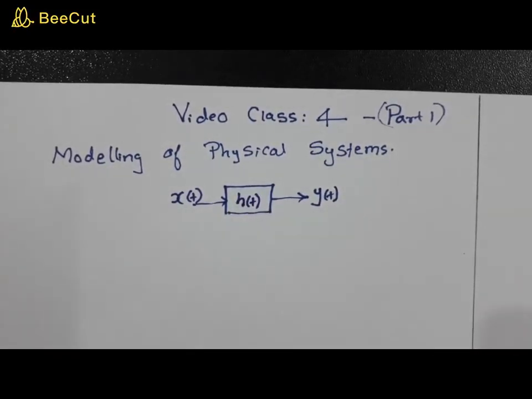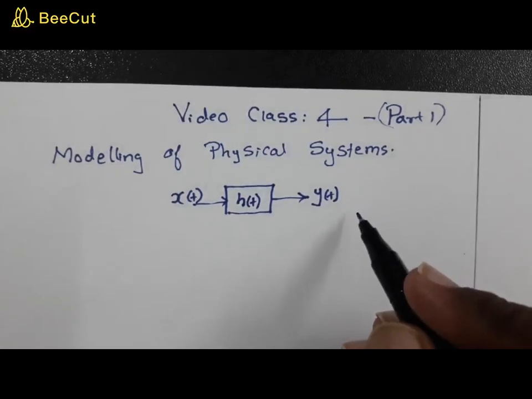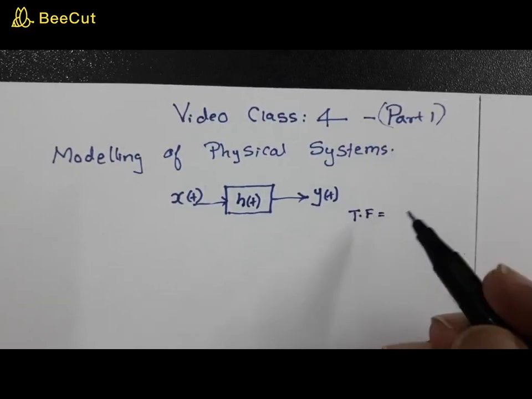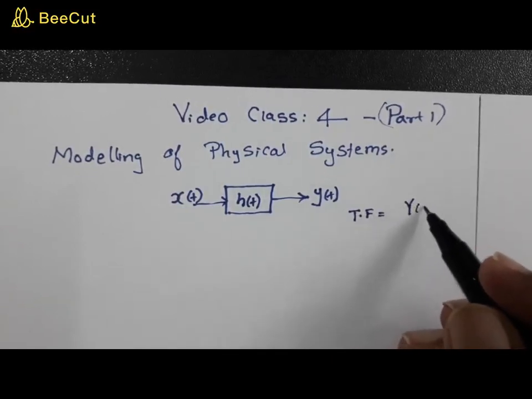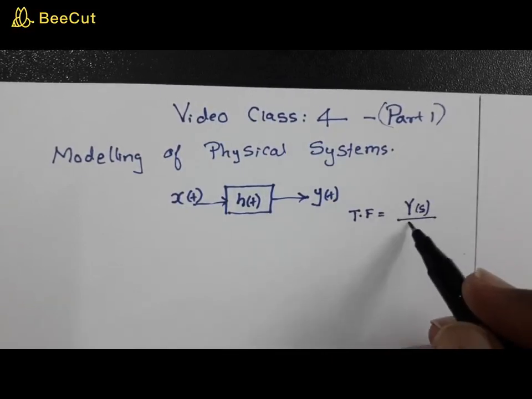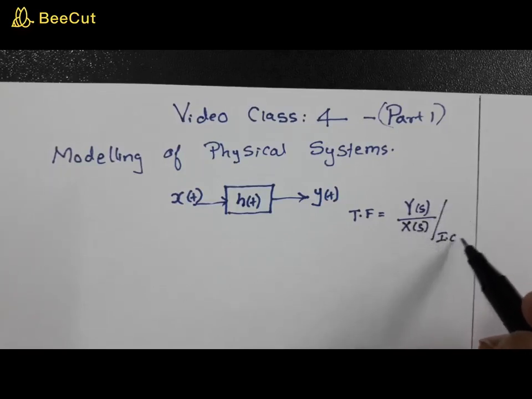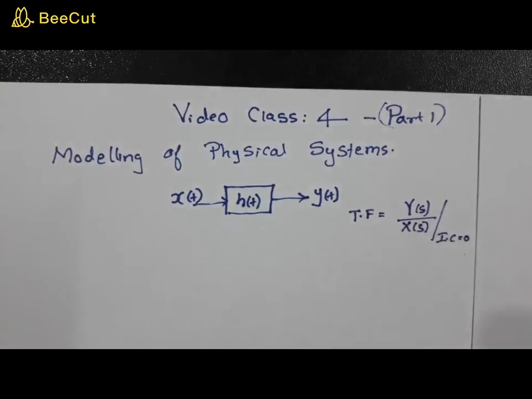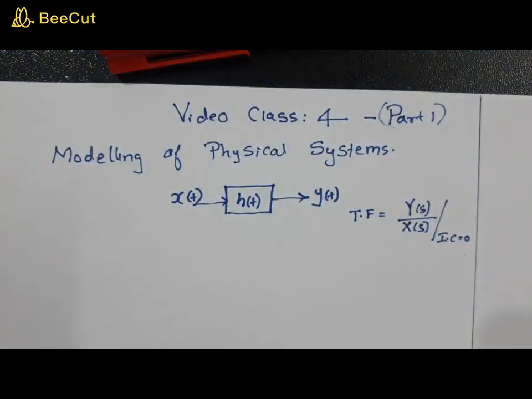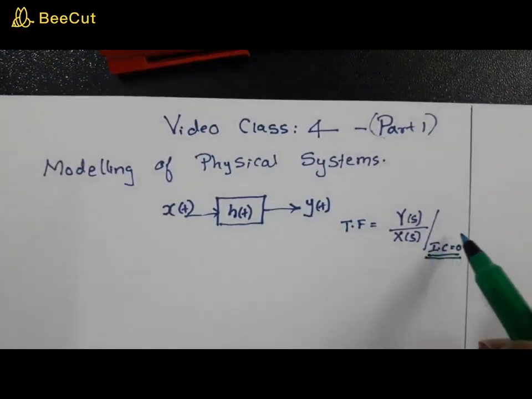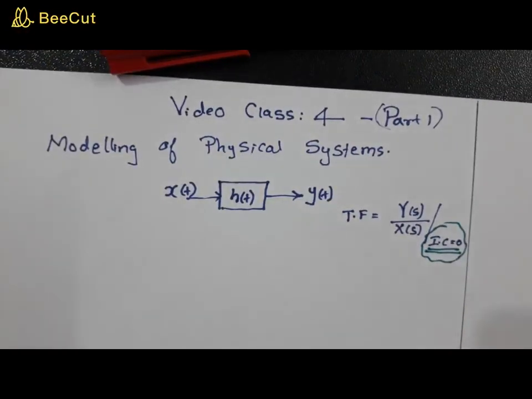Now, we have studied that the transfer function of such a system is the Laplace transform of output to the Laplace transform of input with initial conditions equal to 0. So this is the most important condition in the transfer function. This you should always keep in mind. The initial condition is equal to 0.